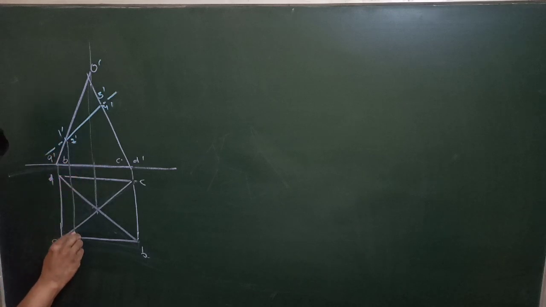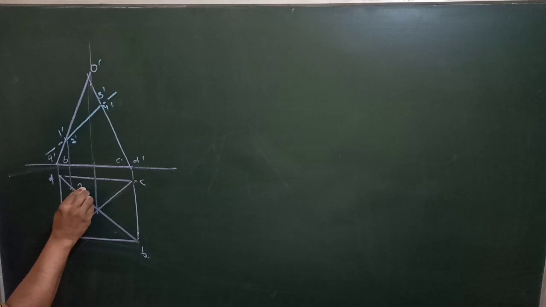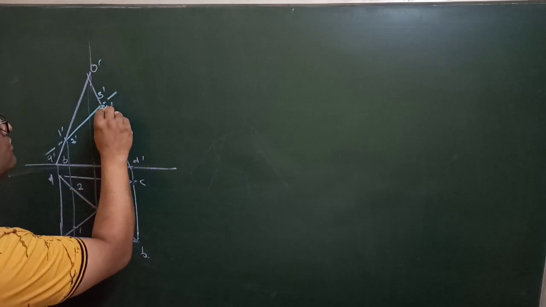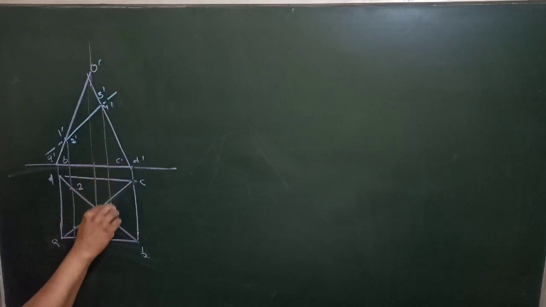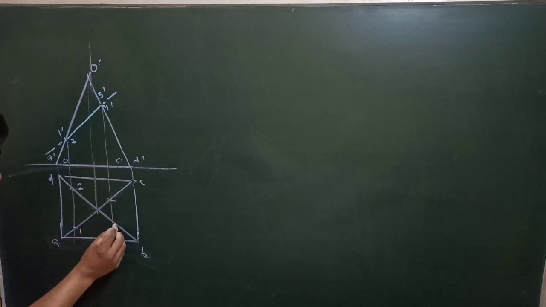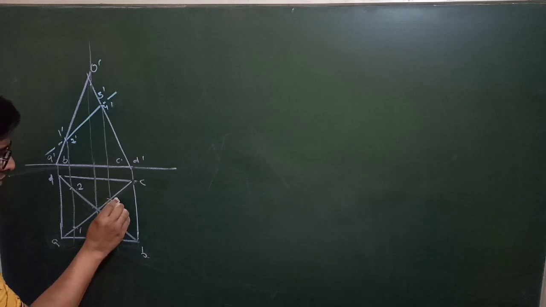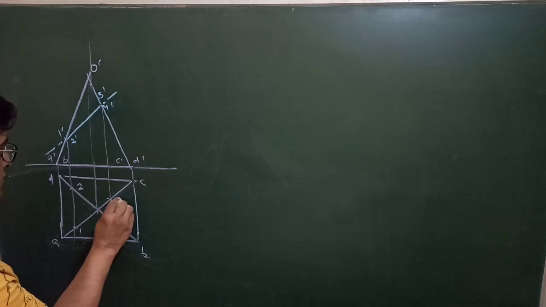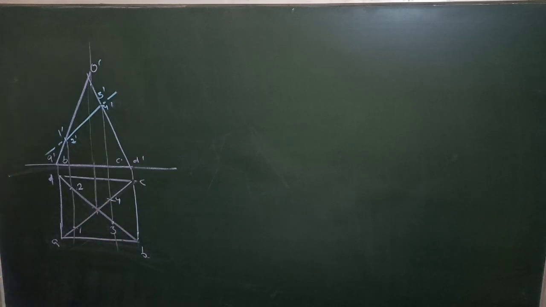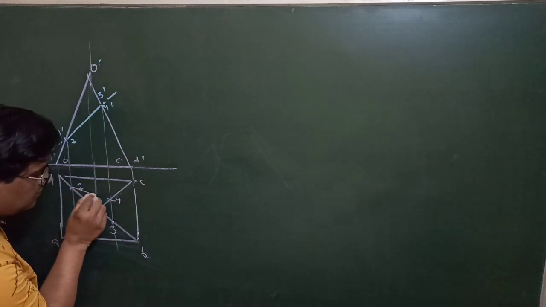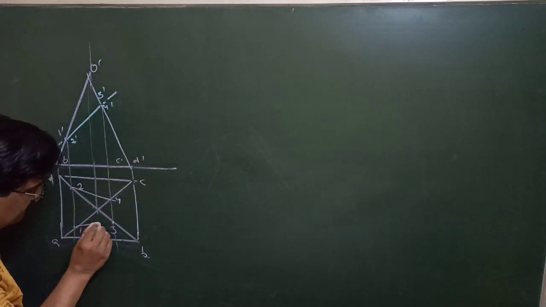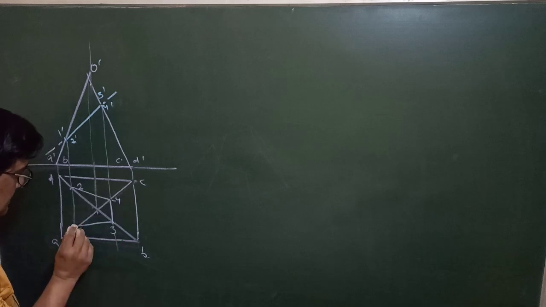So let us draw this, so that say this is 1 and this is 2, and drop this point, so that we are getting 3 and 4, right? Join them so as to obtain the section here.